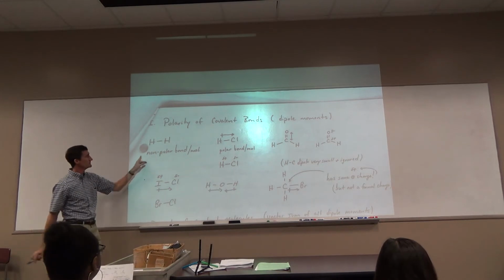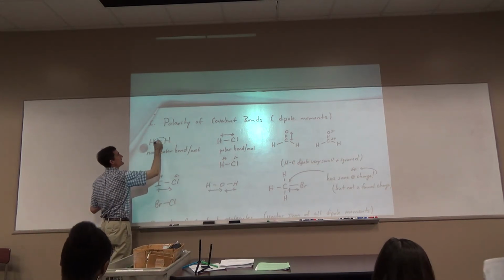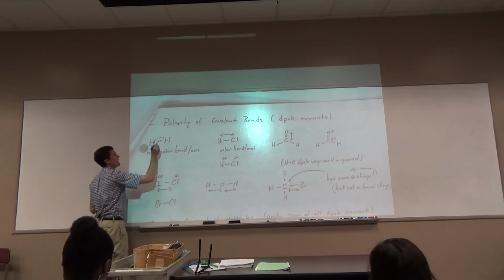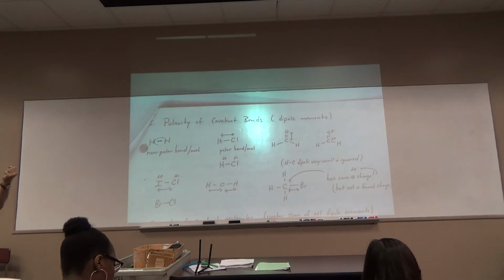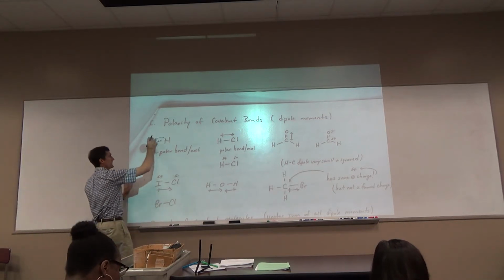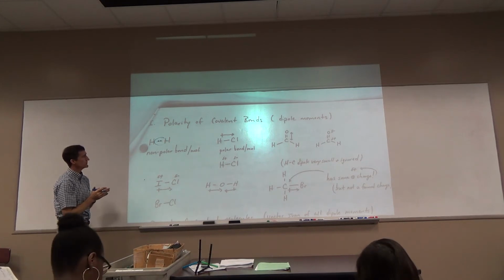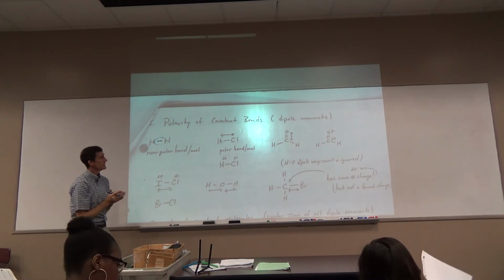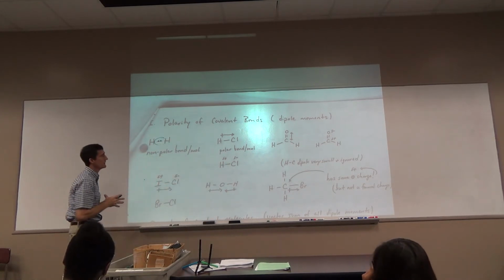H2, nonpolar. Okay. We got 2 electrons here, right? That's the covalent bond. Something like H2, they're equally shared. The electrons sit very symmetrically between the 2 hydrogen nuclei. Considered a nonpolar bond. HCl, on the other hand, is a polar bond.